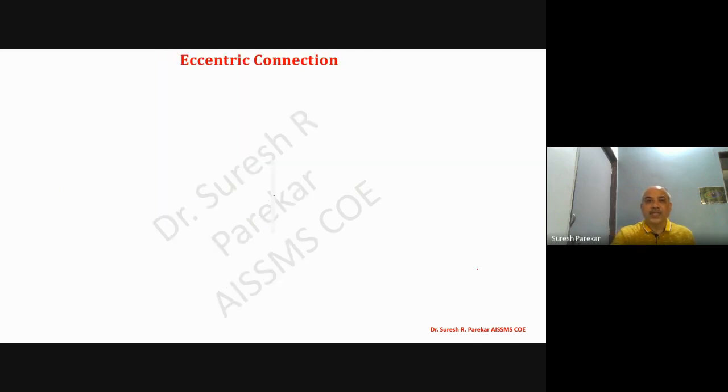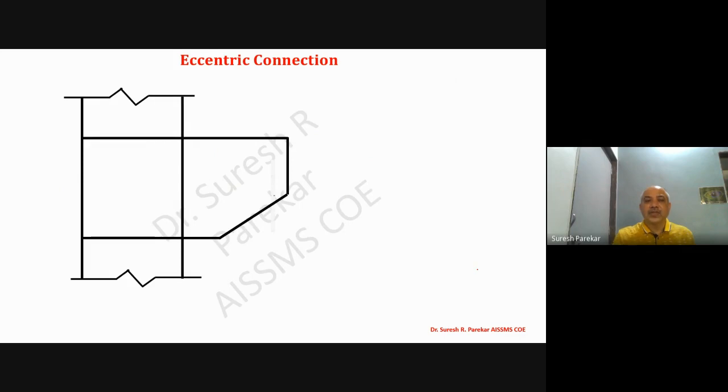Then we have next, that is eccentric connection. So eccentric connection we are going to say where I have a column. So we have this as a column, and then on this column we are going to attach some bracket. So this is the bracket. Why are we going to attach this bracket?